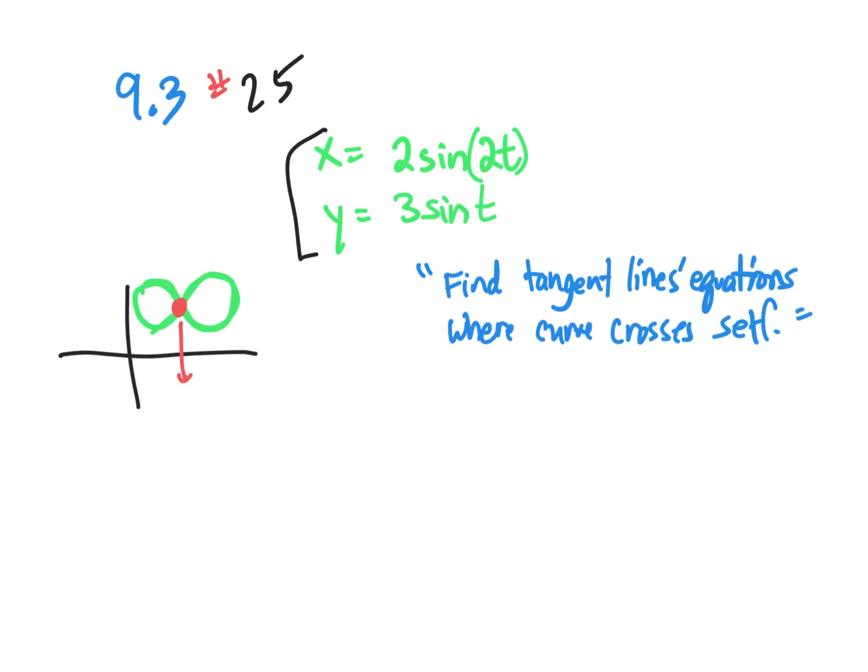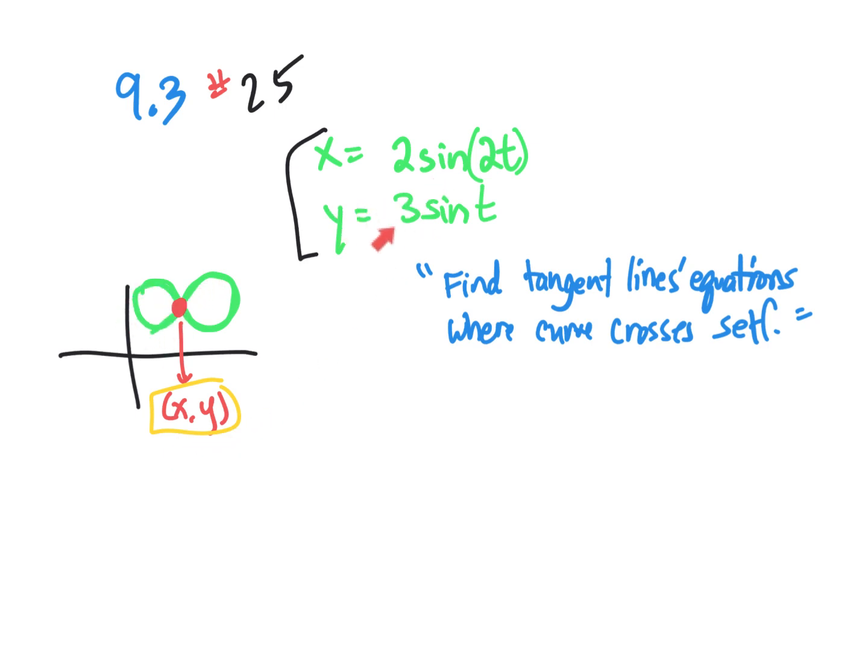So that's going to be an x and y coordinate. And so we're looking for values of t, which when we put them in, we always get the exact same x and y value. Because that would mean we're moving and coming back to the same x and y value.